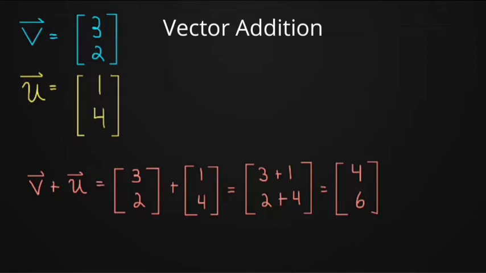Vector v plus vector u is equal to the 3 and 2 component plus the 1 and 4 component, which is equal to 3 plus 1 and 2 plus 4, which gives us 3 plus 1 is equal to 4 and 2 plus 4 is equal to 6. Therefore, the addition of vector v and vector u is 4 and 6, where the x component is 4 and the y component is 6.